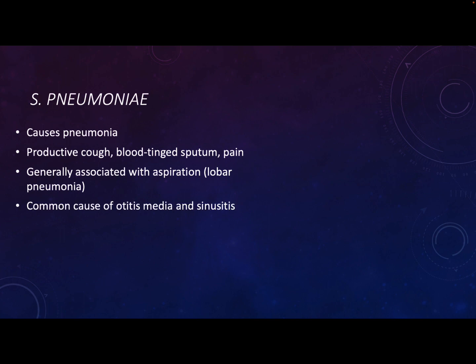Those of you interested in pediatrics or who may have children, this is also one of the most common causes of otitis media, middle ear infections, and sinus infections. Because it's a normal resident of the nasopharynx, it can get into the sinuses and cause infection if it overgrows.